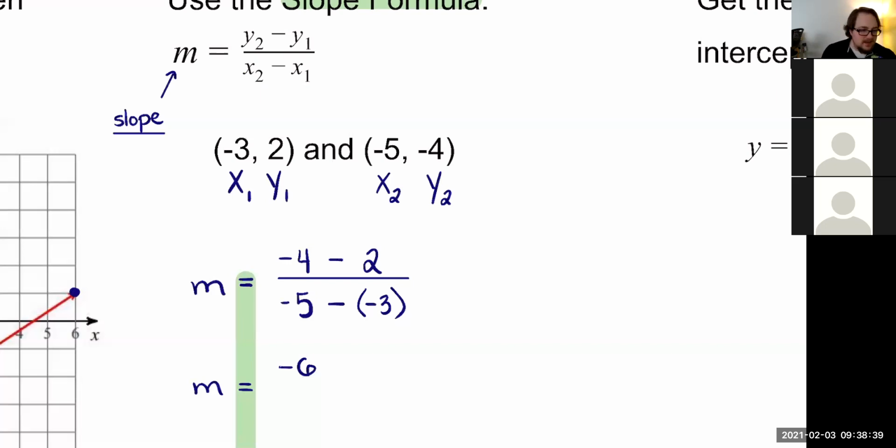Now, what you want to be careful of is if you start with the second y coordinate on the top, you have to start with the second x coordinate on the bottom. You wouldn't want to accidentally reverse one compared to the other, because then you're going to get the right slope with the wrong sign, which is exactly wrong, unfortunately.